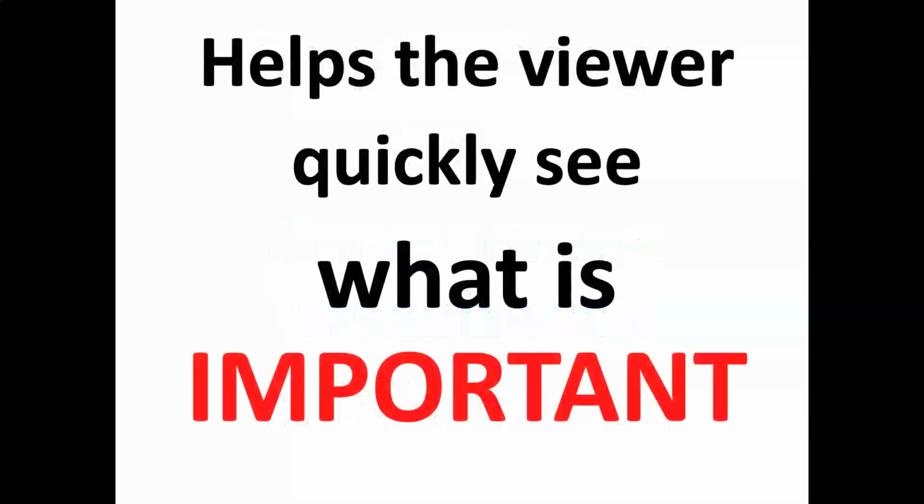And it helps the viewer quickly see what is important, what's on sale, where do they need to go next, where do they click to buy this product, how do they like this post, whatever it is. We need to help the viewer quickly see what it is we want them to do next.